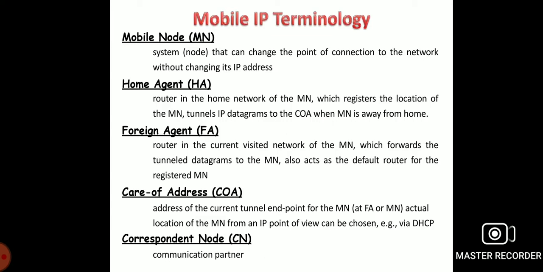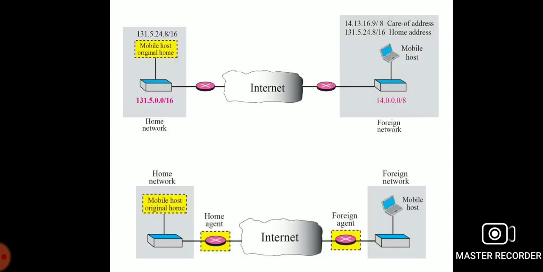Now we can see the structure of wireless communication in mobile internet protocol. This is the home network and the foreign network in the internet protocol. The mobile host's original home address is in the home network.